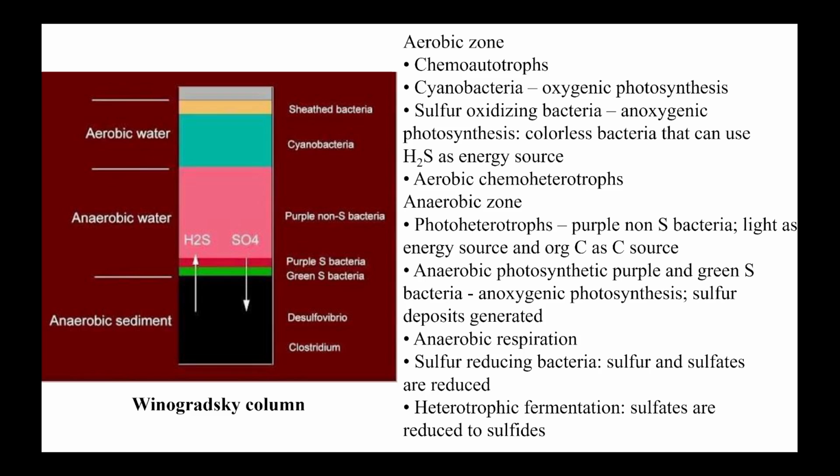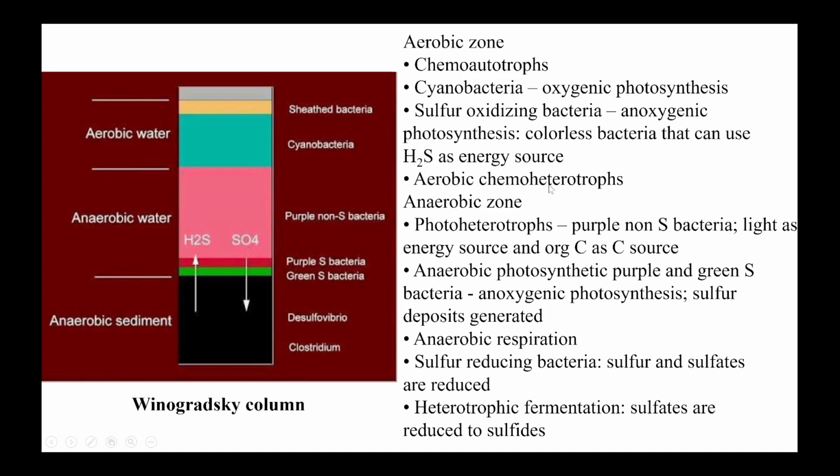So in the aerobic zone, you will have the chemoautotrophs and cyanobacteria that are photoautotrophs. So you will have all the oxygenic photosynthetic organisms. Then you will have sulfur oxidizing bacteria. Anoxygenic photosynthesis will occur. Colorless bacteria that use H2S as the energy source.